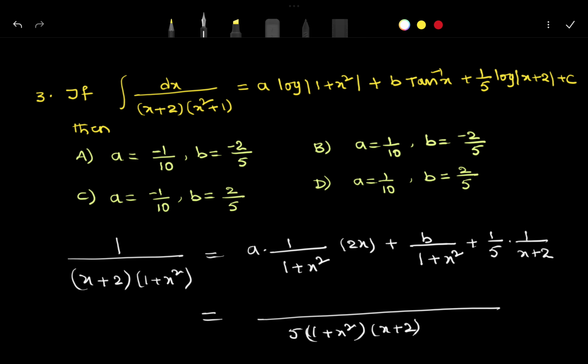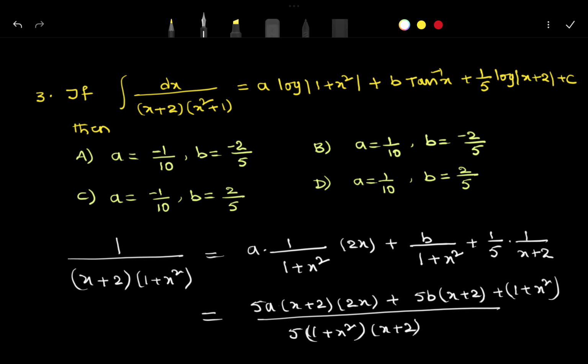This will be 5a into (x plus 2) into 2x, plus 5b into (x plus 2), plus 1 plus x square.